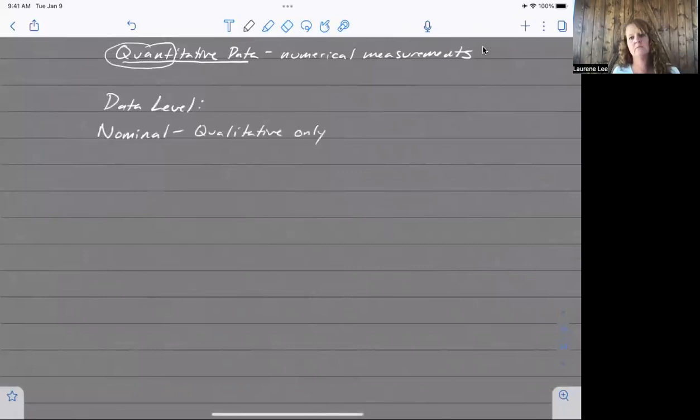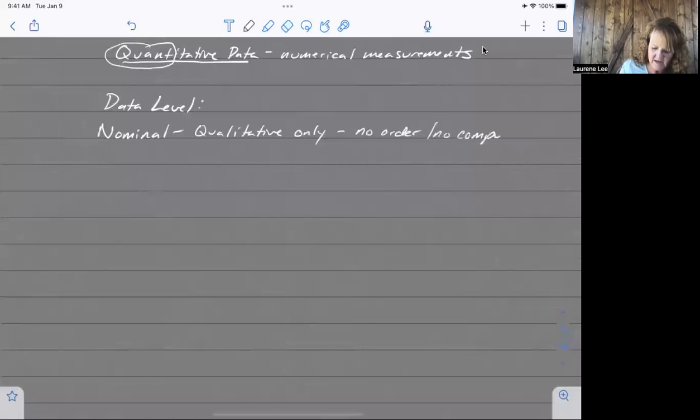So no numbers can be used in nominal data. It will only be word data answers. And the way that you classify something as nominal is you ask the question, can it be ordered or can you do computations with it? For nominal data, there is no order and you can do no computations.